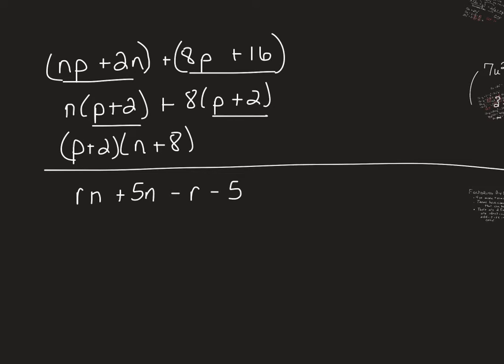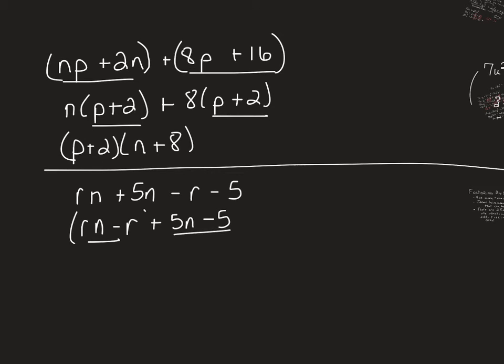I'm going to say rn minus r plus 5n minus 5. Since I have 2 positive terms and 2 negative terms, and notice there's a common factor with both of those and a common factor with both of these, it makes it just a little bit easier. And we'll look in a minute at what we could do if we didn't want to regroup. But I think this is the easier way.